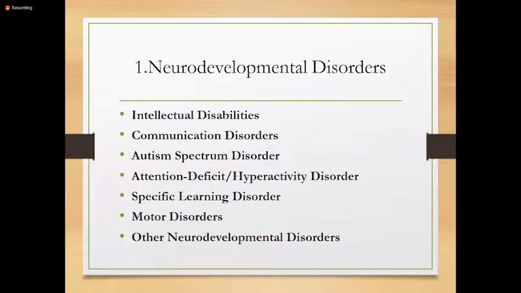We talk about intellectual disability, communication disorders, autism spectrum disorders, which means a group of presentations. Then we have attention deficit and hyperactivity disorder, specific learning disorders, motor disorders, and other neurodevelopmental disorders. So that is your first category.